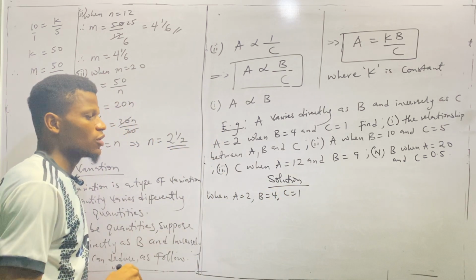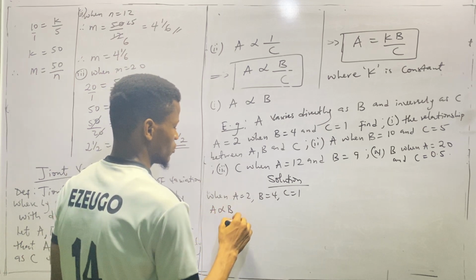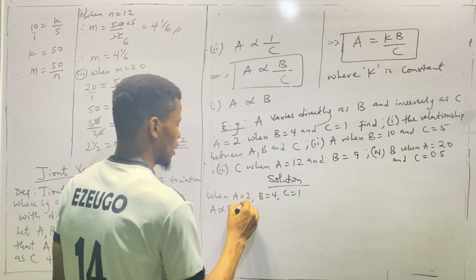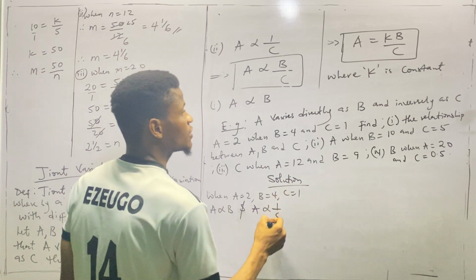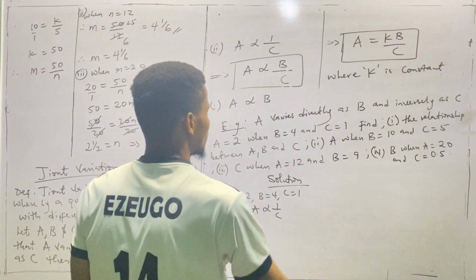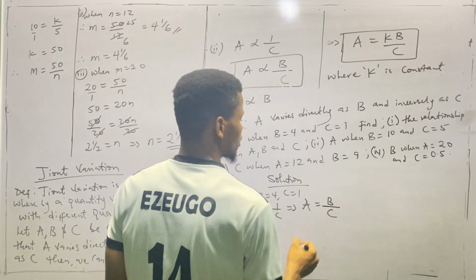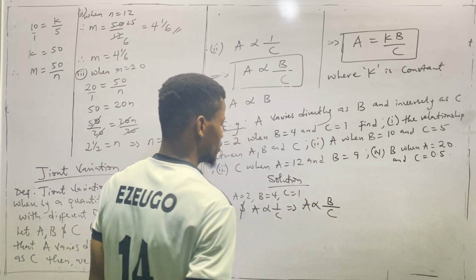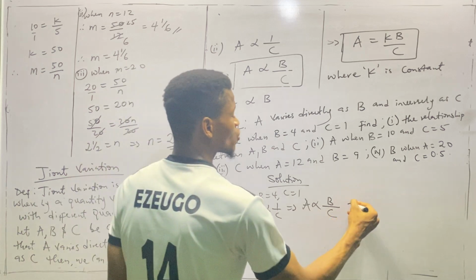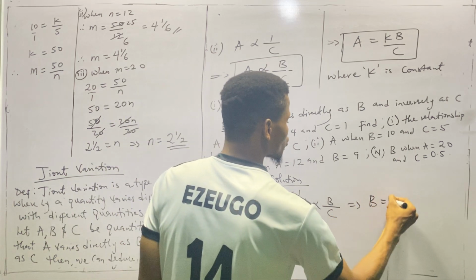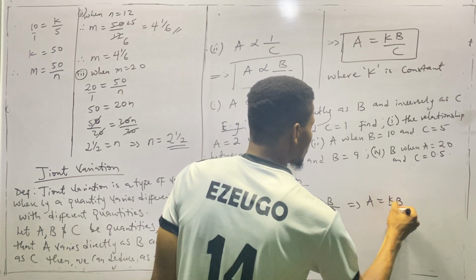The question says that A varies as B, and also at the same time A varies inversely as C. A varies directly as B and inversely as C. So this implies, by joint variation, I have joined them now. A varies directly as B and inversely as C. So what does it imply? It implies that A is equal to KB over C.